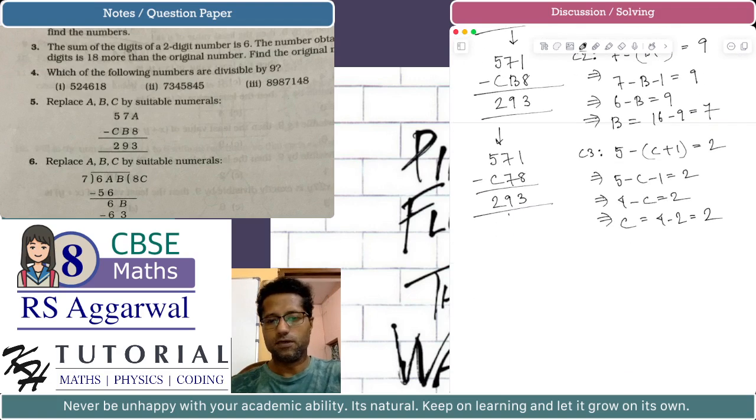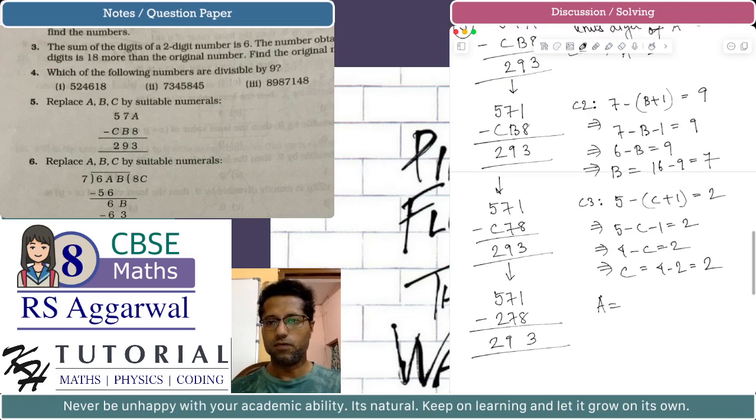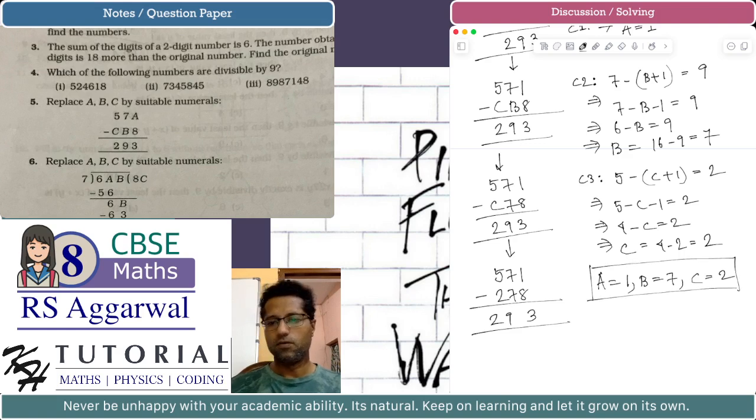So the final result is 571 minus 278 equals 293. Okay, so the final result is A is equal to 1 and B is equal to 7 and C is equal to 2. This is the value of A, B and C.